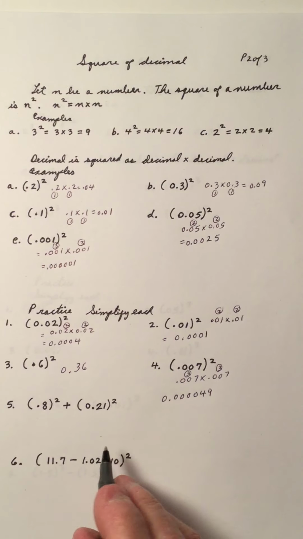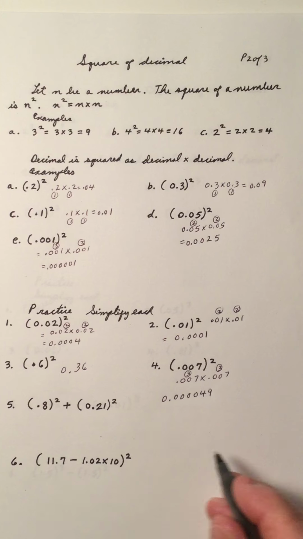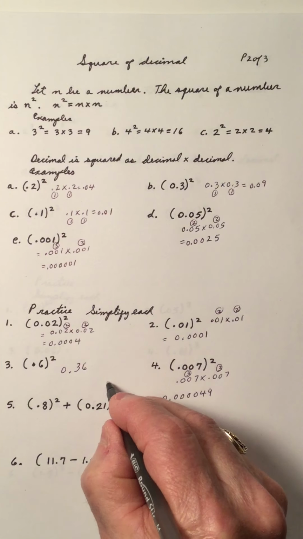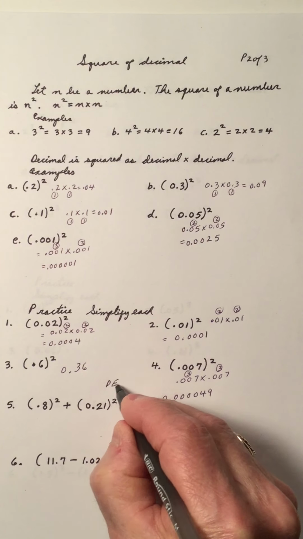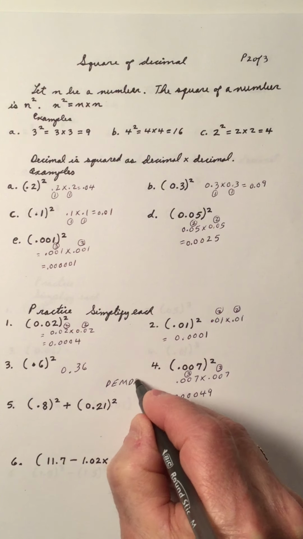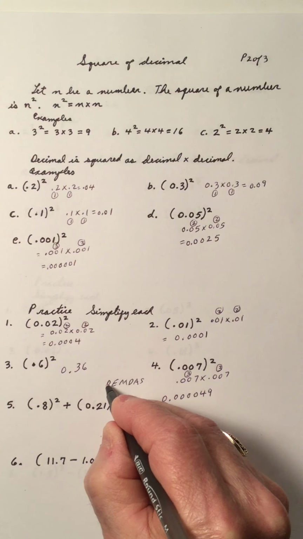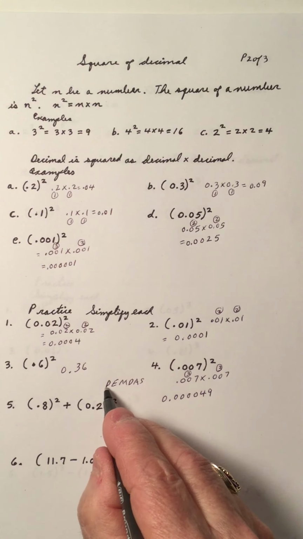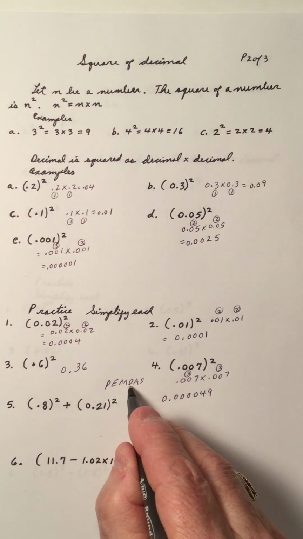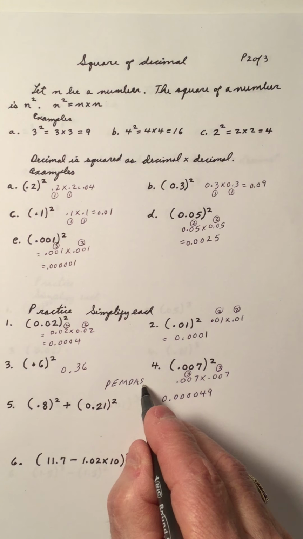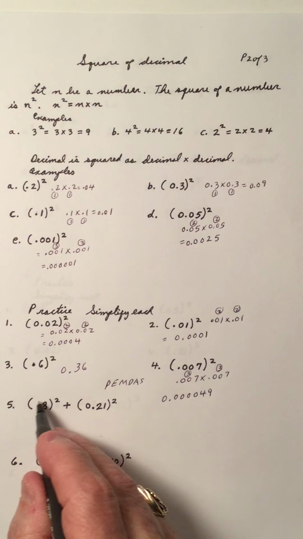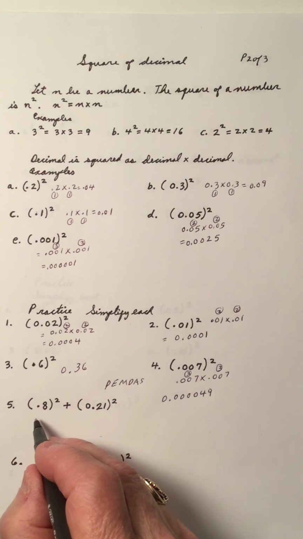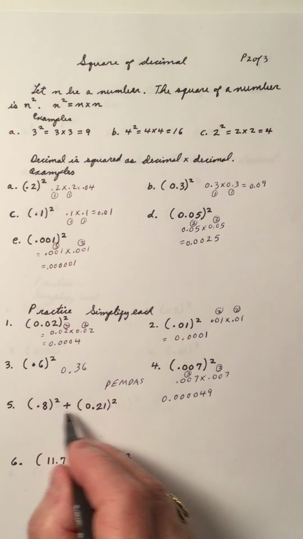Now we have a combination here, and we have PEMDAS. That's parentheses or brackets, exponents, multiplication left to right, addition, subtraction left to right. So we have to do the inside of these brackets, but they're done. So we have to square these before we add.